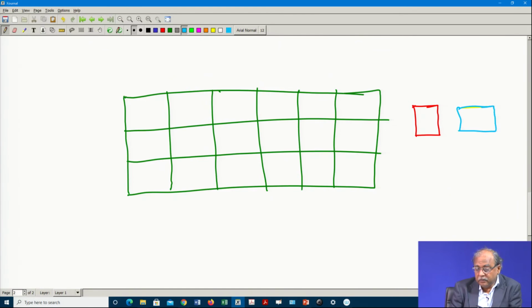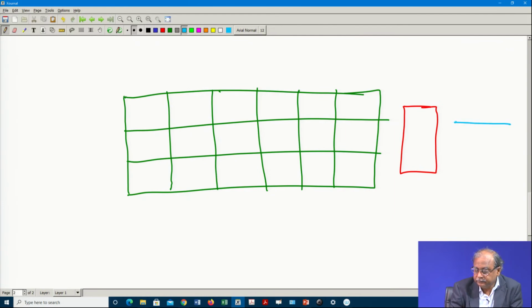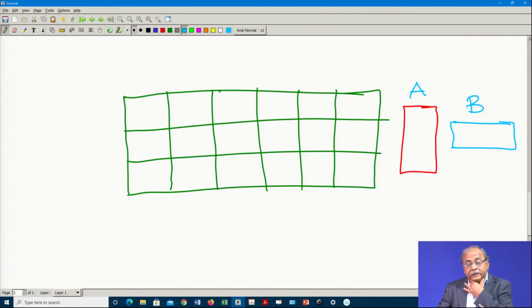So, the column here, A and then B, has a different rectangular orientation. If it is circular, no problem. If it is square, also no problem, because whatever orientation you give, no problem.